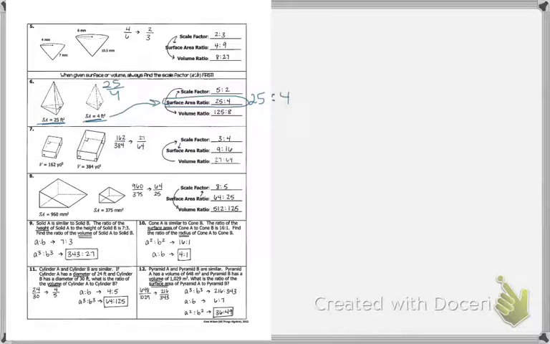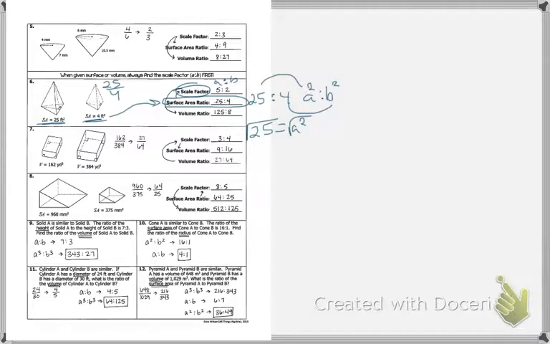Okay, we want to know what the scale factor is. So how do I go backwards? Well, I already know that this is A, this is B. Scale surface area is actually A squared, B squared, right? That goes to that one and that goes to that one. So I know that 25 equals A squared. How do I get rid of the square? Well, I square root.